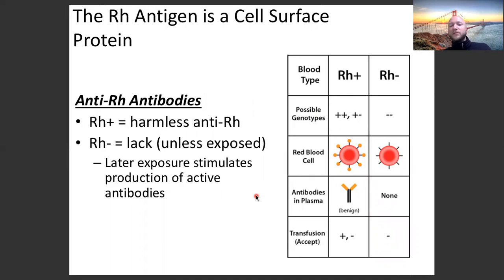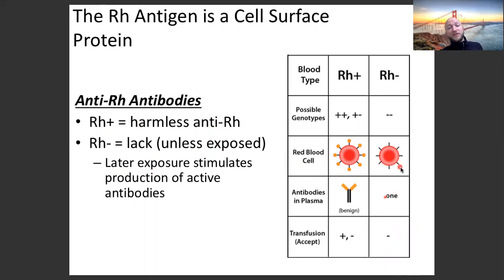So our bodies don't produce antibodies to the other phenotype of blood unless we're exposed to it. Rh positive has harmless anti-Rh antibodies. Rh negative does not have Rh positive antibodies.